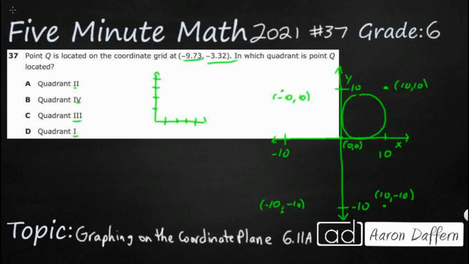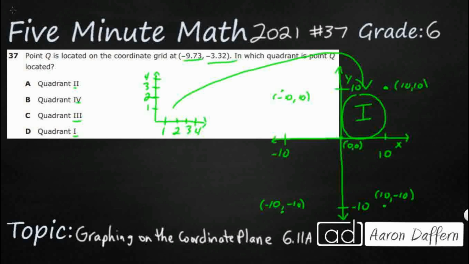So in the 5th grade, we started right here, and everything was positive, and our only point was getting to know the x and the y-axis. So this is where we're starting. So this is going to be quadrant 1. That's our starting point. And everything starts from there because that's where we started learning about the coordinate plane.